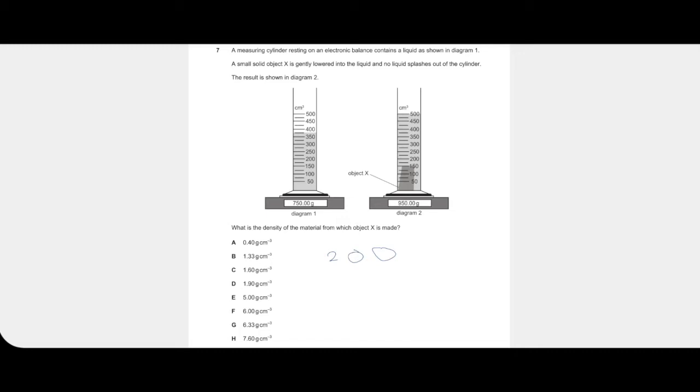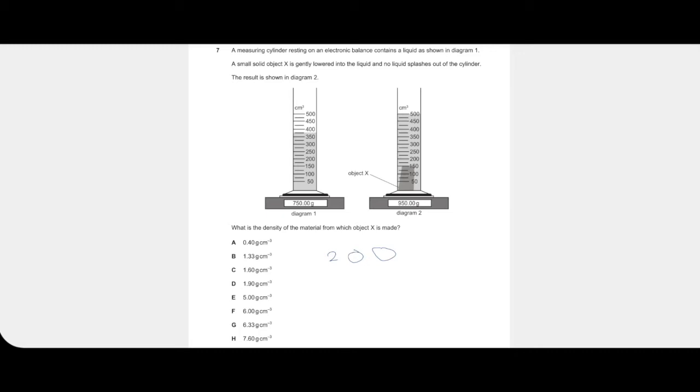Now, moving on to the volume. Diagram 2 shows that the volume is 500 milliliters or centimeters cubed. And on the left, with diagram 1, the volume is 375 milliliters or centimeters cubed.